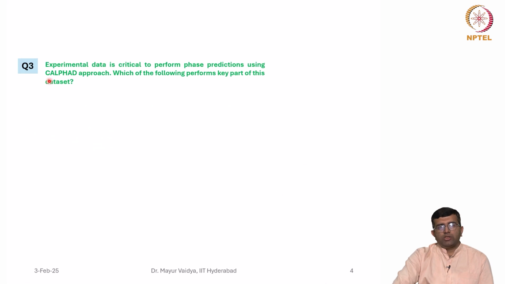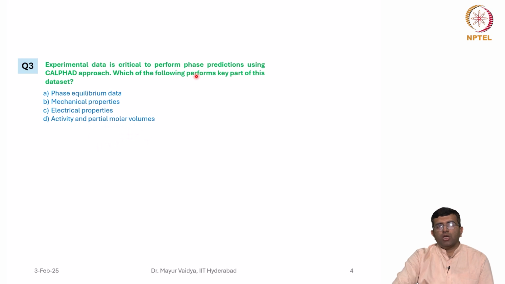Now question number 3. Experimental data is critical to perform phase predictions using the CALPHAD approach. Which of the following forms a key part of this data set? So option 1 is phase equilibrium data, second is mechanical properties, third is electrical properties, fourth is activity and partial molar volumes.